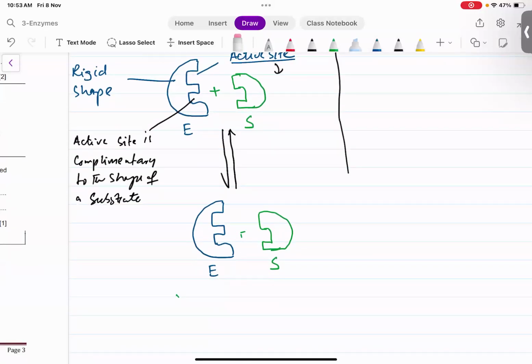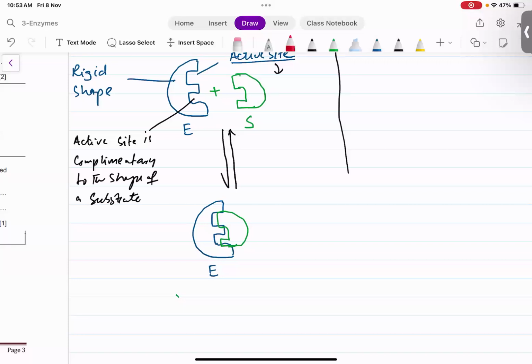So this substrate binds itself into the active site. They are precisely complementary with each other.